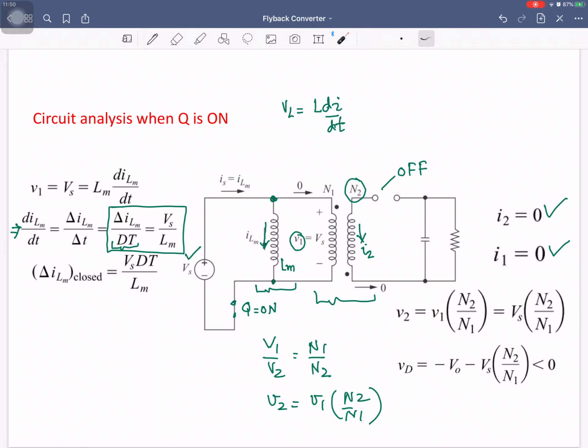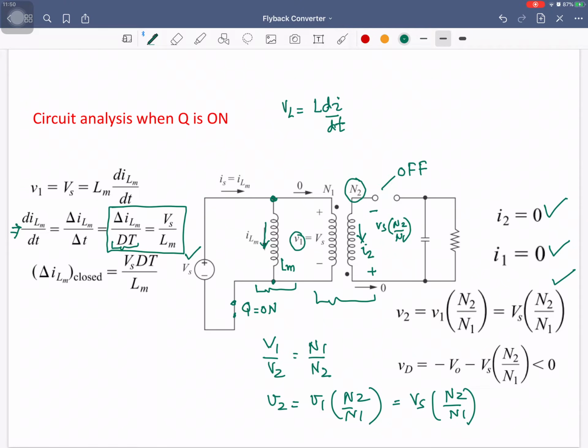So that is equal to Vs, your supply voltage. So I can write V1 is equal to Vs, so Vs into N2 by N1, that is this expression. Right? So the voltage across the secondary winding will be plus minus, and that will be equal to Vs into N2 by N1.